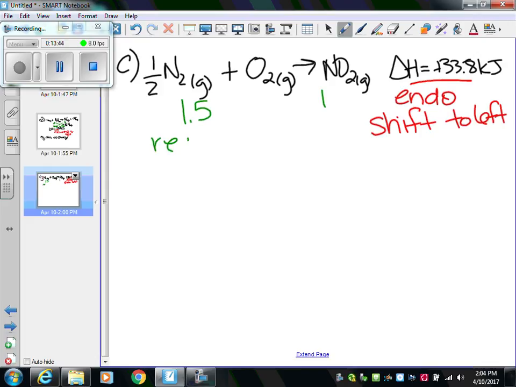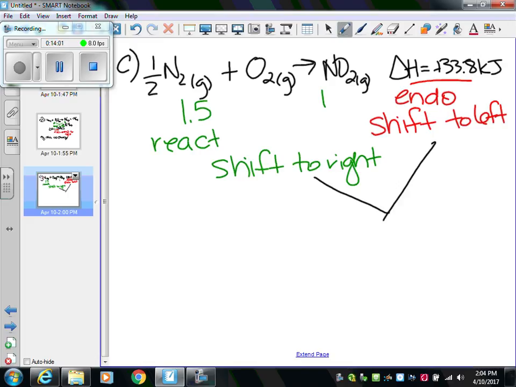Reactant side is bigger. So, whether I increase or decrease the pressure, what's going to happen? It's going to shift to the right. Okay, so if I have one shifting to the left and one shifting to the right, what's going to happen? Equilibrium, aka no change, right?